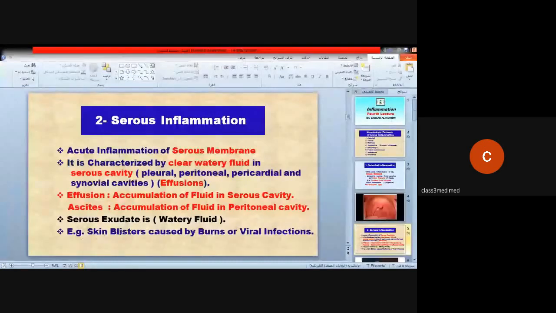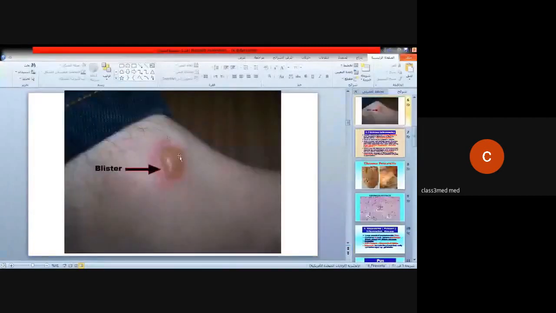The other example is skin blister caused by burns or viral infections such as chickenpox. In chickenpox, there is formation of skin vesicles, which are filled with clear fluid. This is an example, a skin blister due to a burn. This blister is followed by serous exudate, which is a clear watery fluid.